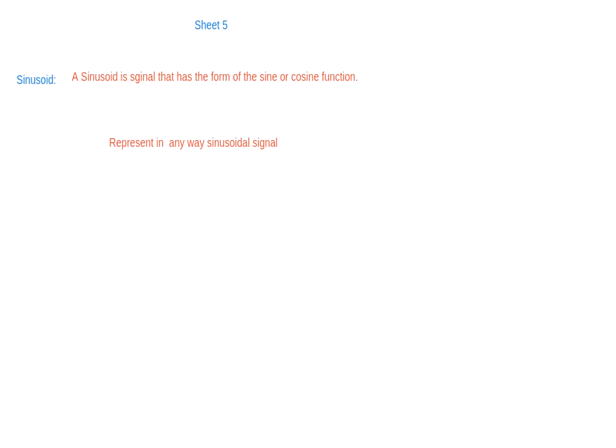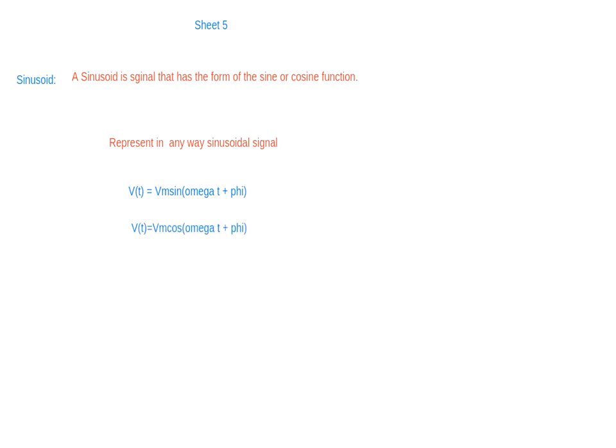Or I write omega t plus phi. Or you can also write it as v of t is equal to Vm cos omega t plus phi.